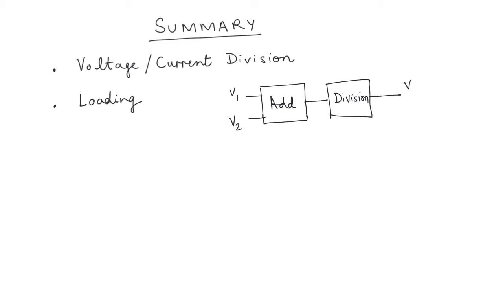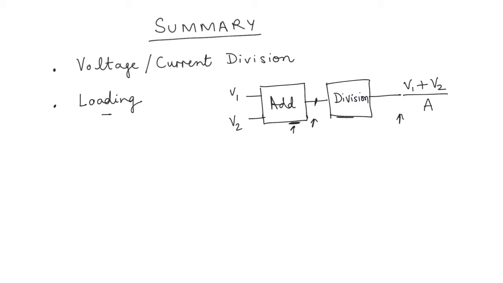We would expect that the output would be something like V1 plus V2 over some constant A, but sometimes that's not the case, because attaching these two circuits together, this circuit starts influencing the output of this circuit. And instead of getting the outputs that we expect, we get slightly different things.